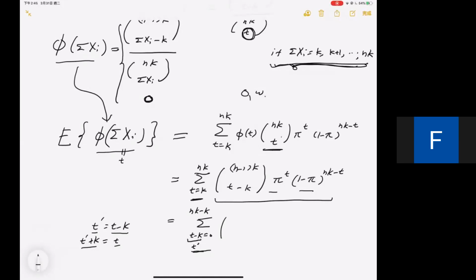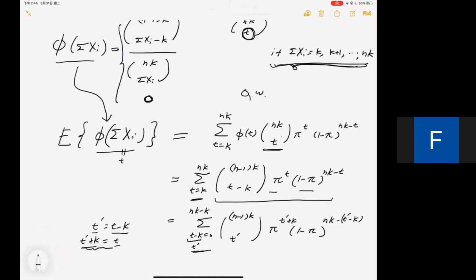Then how about (m minus 1)k? It won't change, I think. Then pi^(t prime plus k), and then (1 minus pi)^(nk minus t), and with t as t prime plus k, this becomes nk minus k.